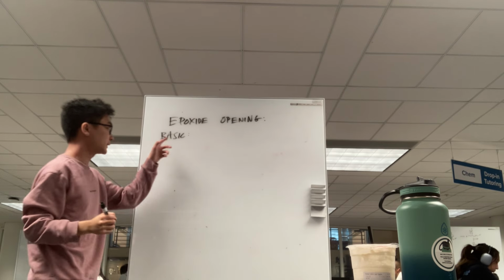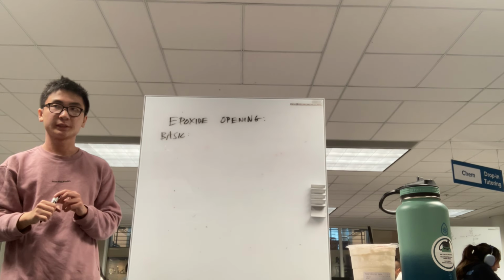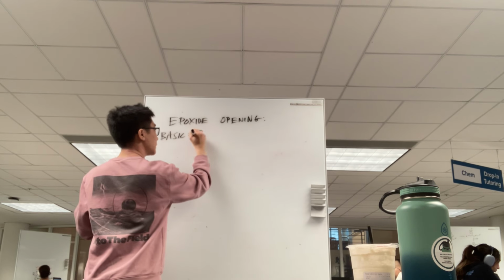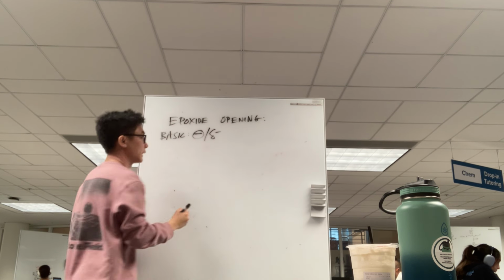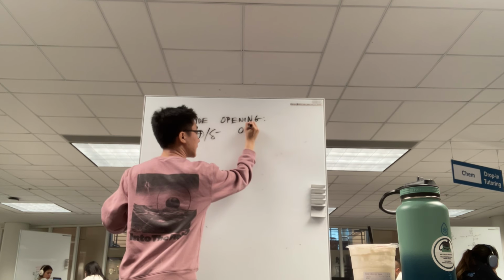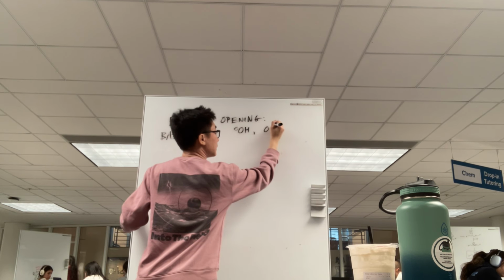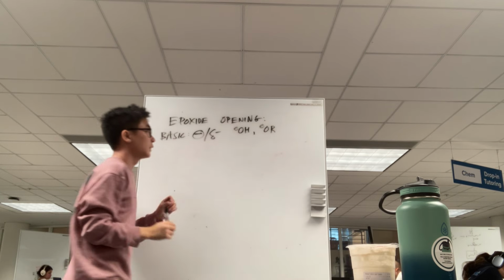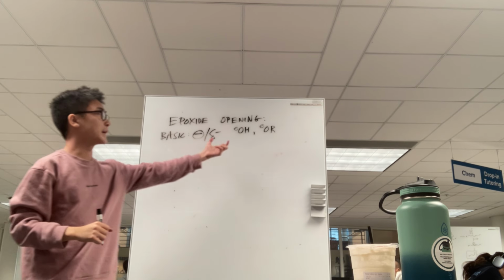So when you think of basic conditions, you think of negative charges, either a fully negative charge or a partial negative charge. Some examples of this would be hydroxide ion and alkoxide ion, and those are the main ones that you'll see.